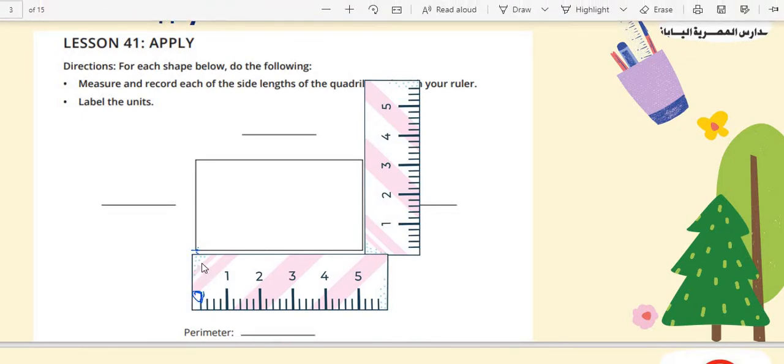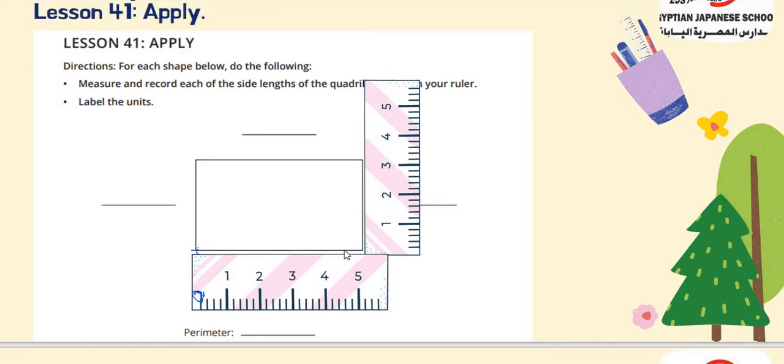Let's start here. How to measure the length of any side: I put the zero of our ruler on the first point of our side, and the end point of this side will tell us the length of the side. So here 5 centimeters, and here it ends at 3 centimeters.